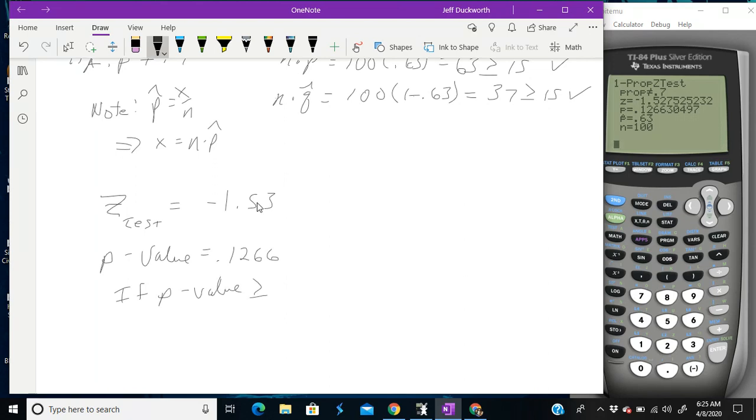So our rule for the p-value is, if the p-value is less than or equal to alpha, we reject.